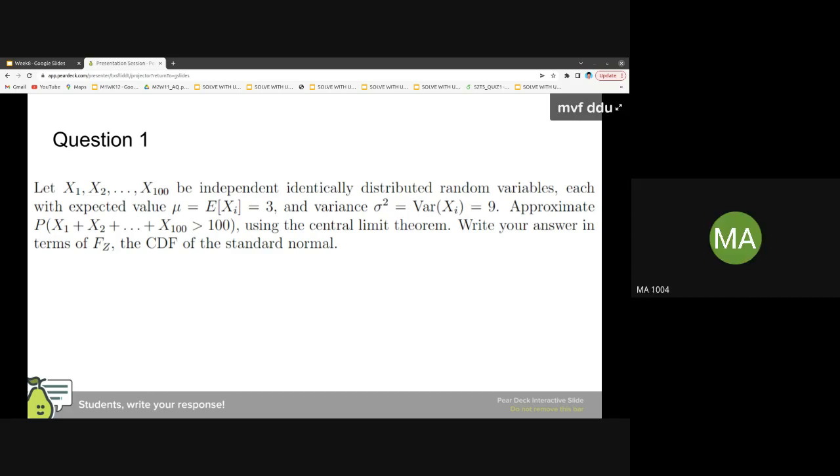CLT is basically the central limit theorem. This theorem tells us that whatever distribution you have, with some mean and some variance, you can approximate it with a standard normal. We don't even worry about whether it is discrete or continuous or some unknown distribution.